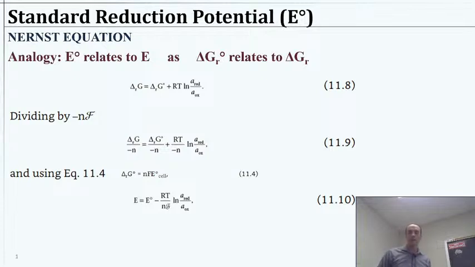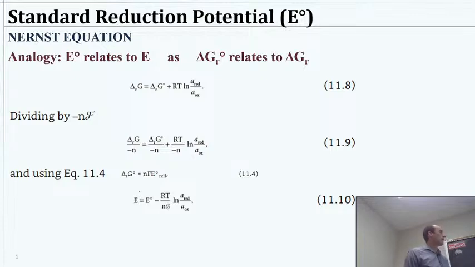So we talked about this last time, how the standard reduction potential relates to a particular reduction potential in the same way as the standard Gibbs free energy relates to the Gibbs free energy for some reaction. We can convert between the two by dividing by negative n times the Faraday constant, where n is the stoichiometric coefficient.